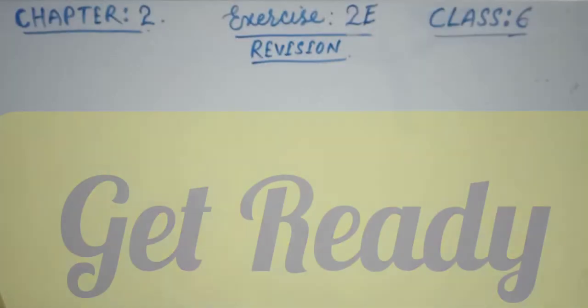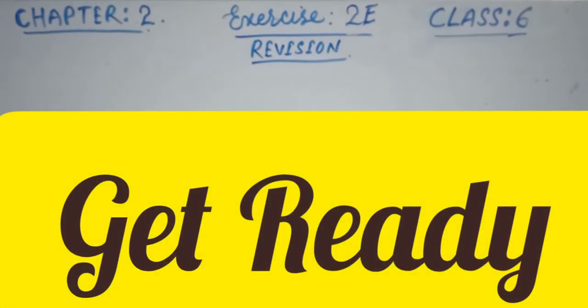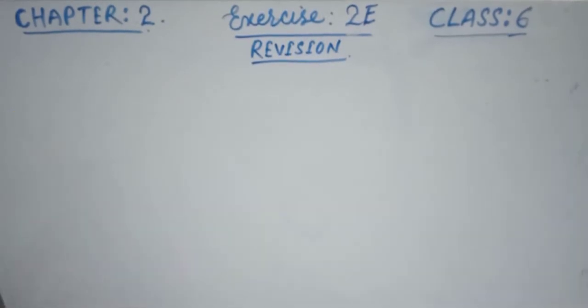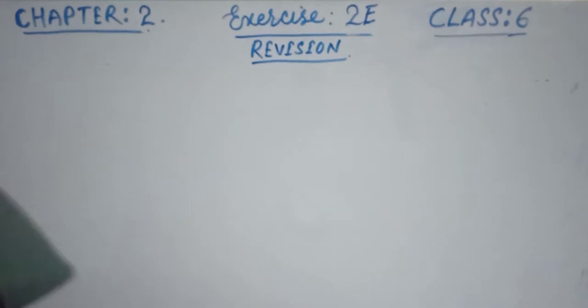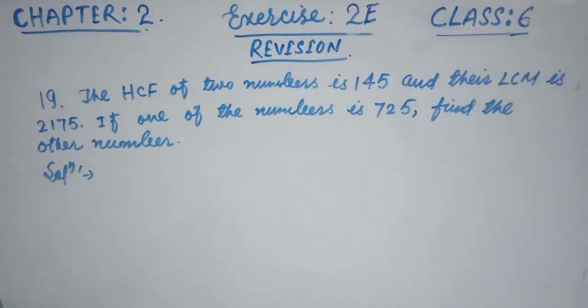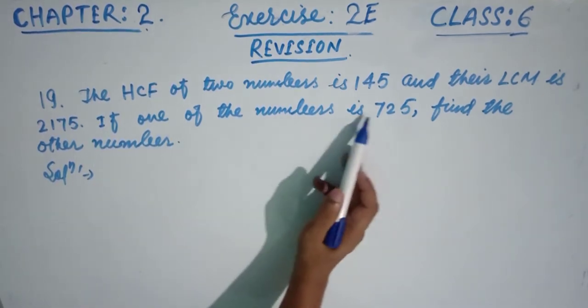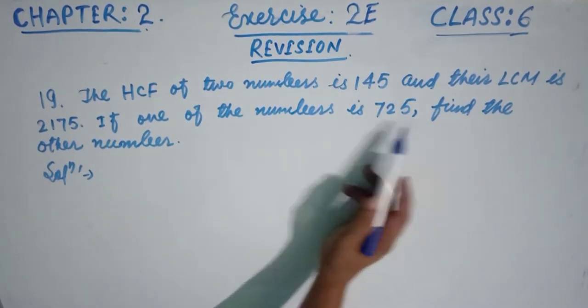Now see friends, we will move to solve the exercise. So we have taken a question. Question number 19 says the HCF of two numbers is 145 and their LCM is 2175. If one of the numbers is 725, find the other number.